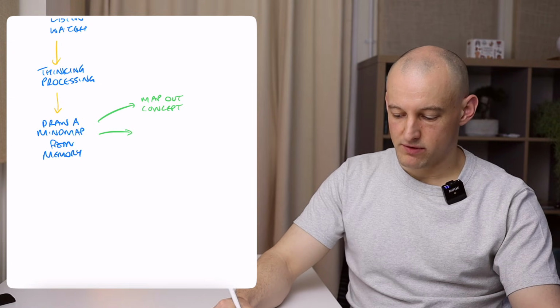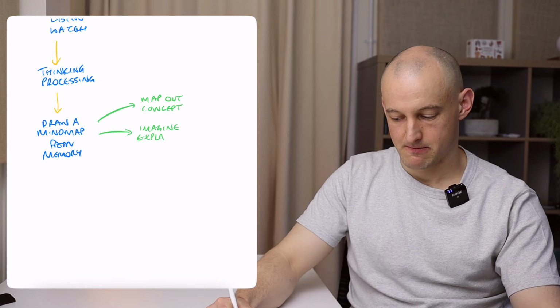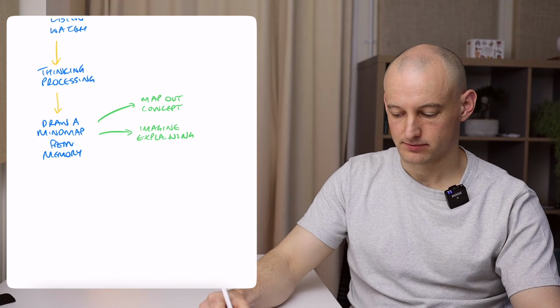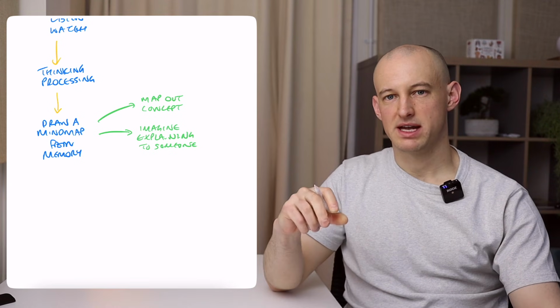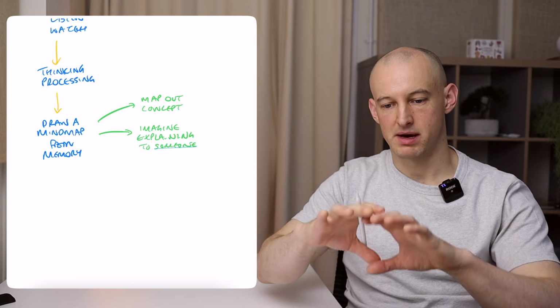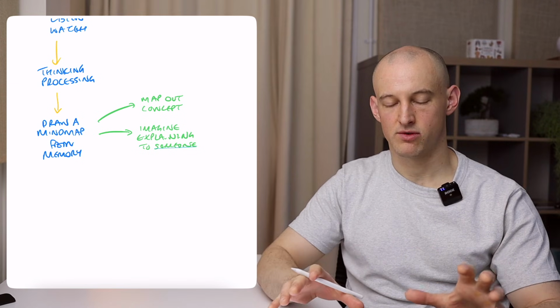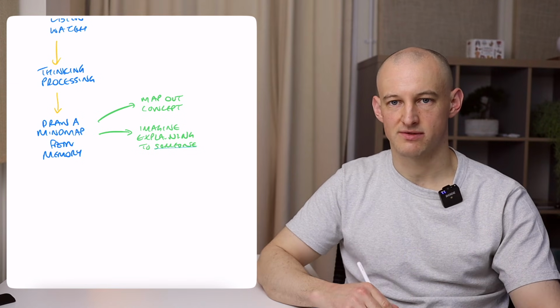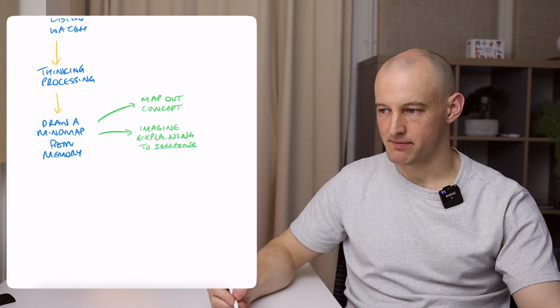It may be helpful to imagine explaining it to someone. So imagine how you're going to explain this concept while you're doing the mind map, while you're visualizing it, and creating a visual representation of that topic. Think about how you would be explaining that to somebody.